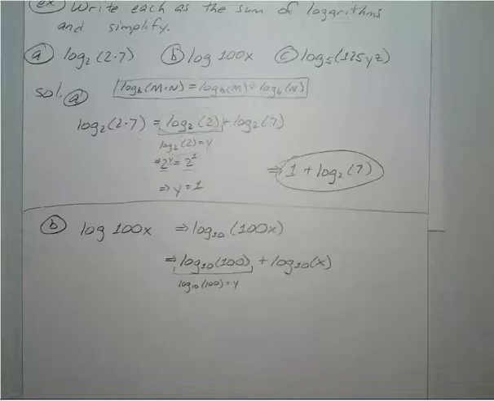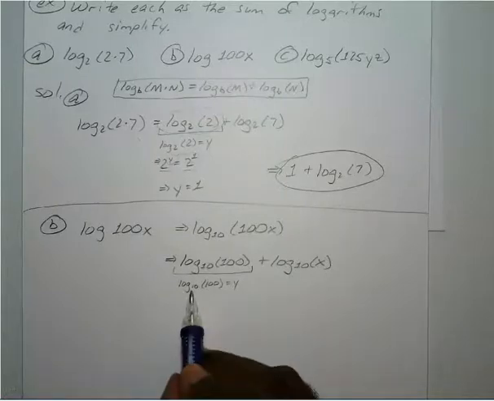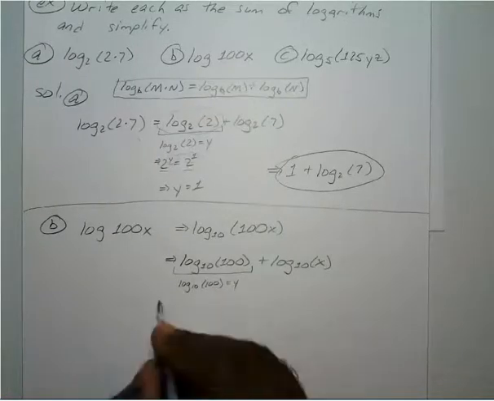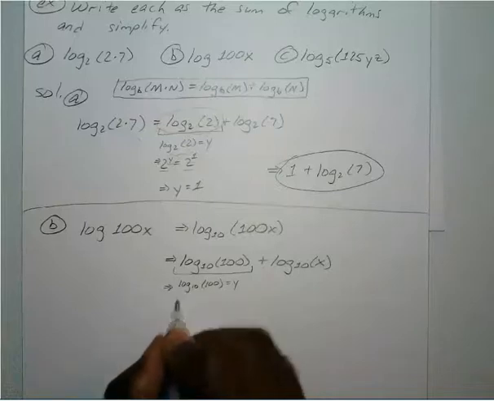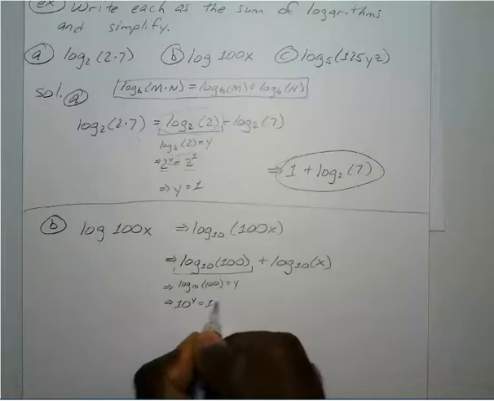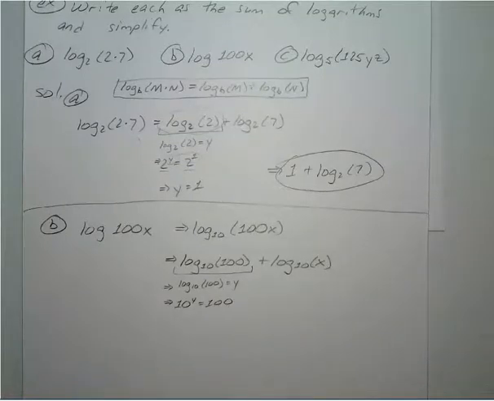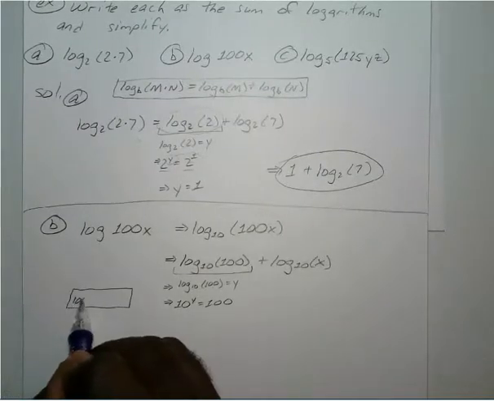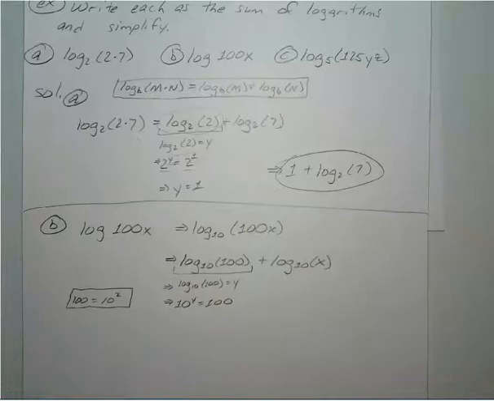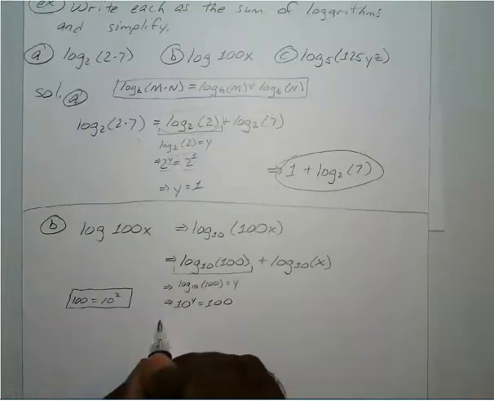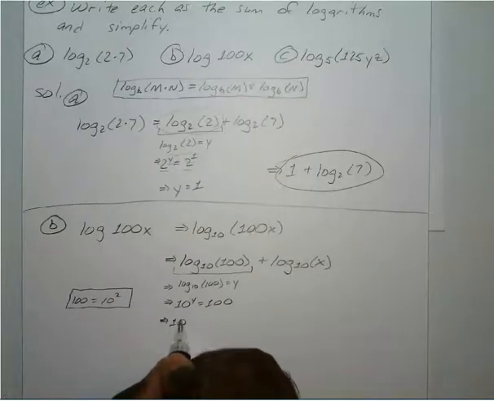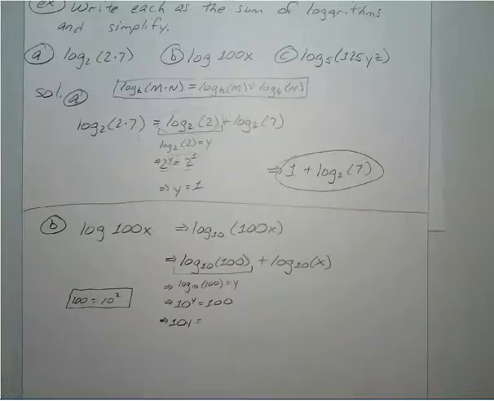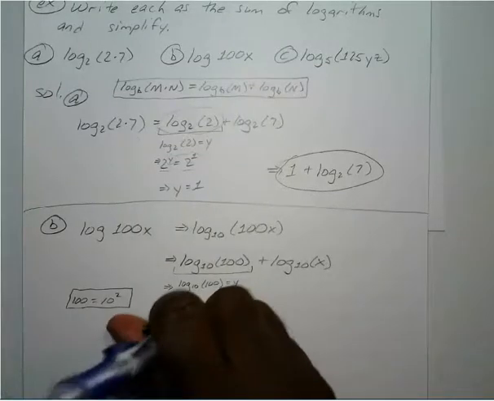If we convert that to exponential form, 10 to the power of y equals 100. We know that 100 equals 10 squared, so 10 to the power of y equals 10 squared.